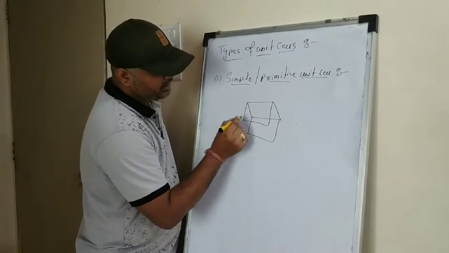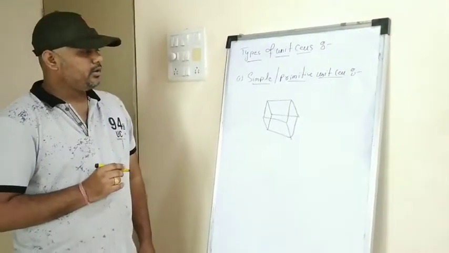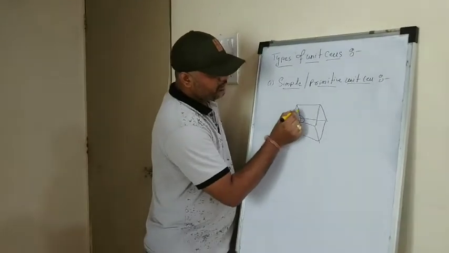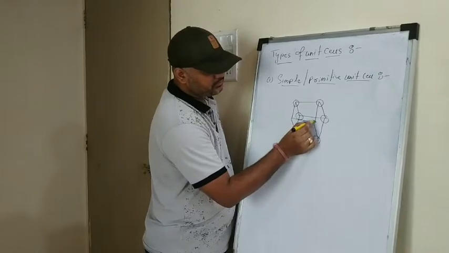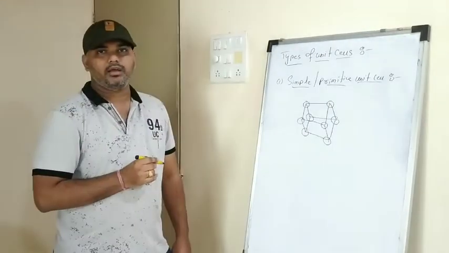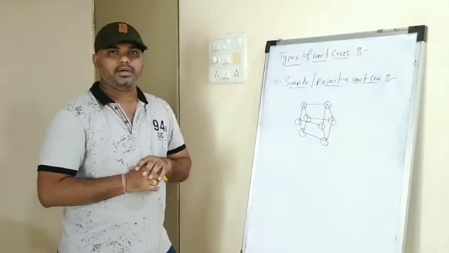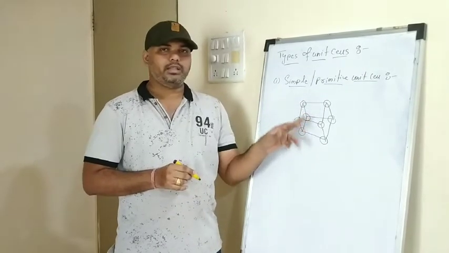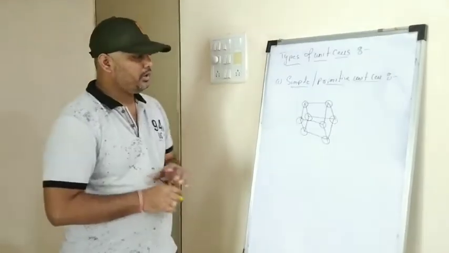See, try to understand, my dear students, these are all 3-dimensional structures, right? So in the case of a simple unit cell, all the particles are present at the corners. All the constituent particles are at the corners. That is why it is said to be a simple or primitive unit cell. There is no presence of any other particle at the face or at the center of the body, right?